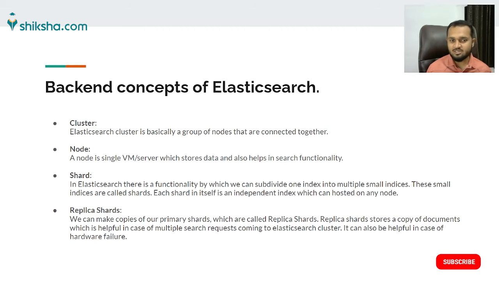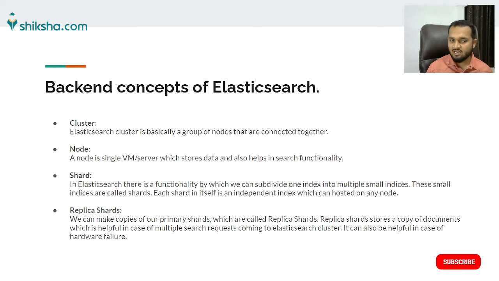So there are multiple servers connected to each other, and that group of nodes we call a cluster. So how does it help? Elasticsearch divides all our data across multiple nodes, and that is why it can process any search query or any aggregation query at a very high speed.